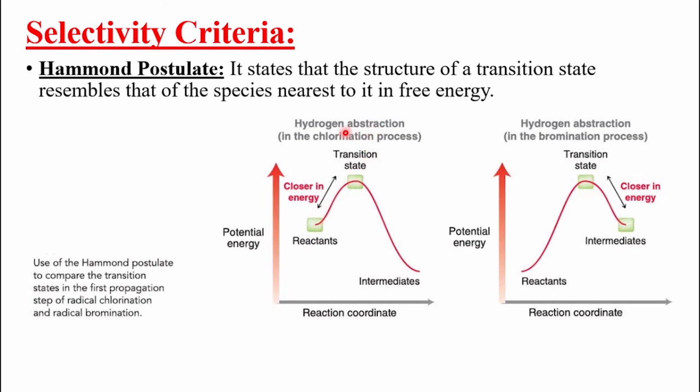Okay, so in the chlorination process for hydrogen abstraction step, reactant energy is closer to transition state energy. So reactant structure is related to transition state structure, while in bromination process for hydrogen abstraction step, transition state energy is closer to intermediate energy. So intermediate structure is related to this transition state structure.